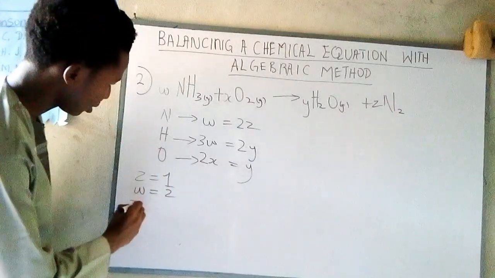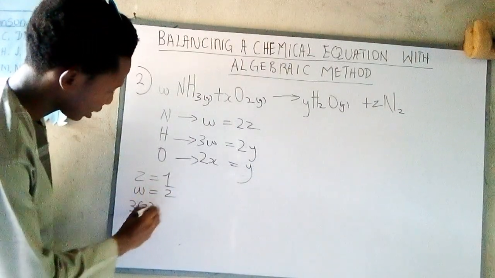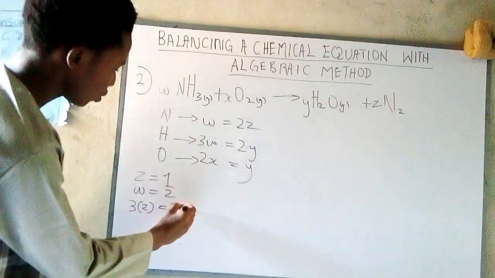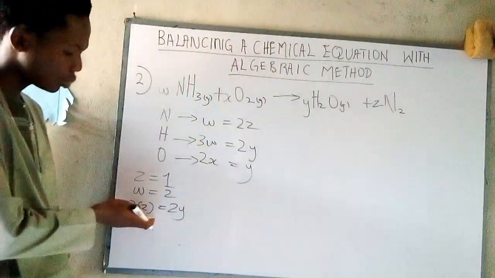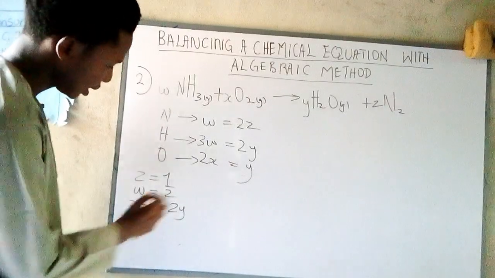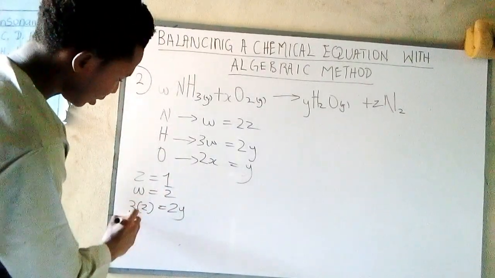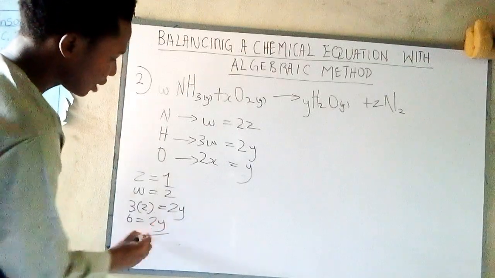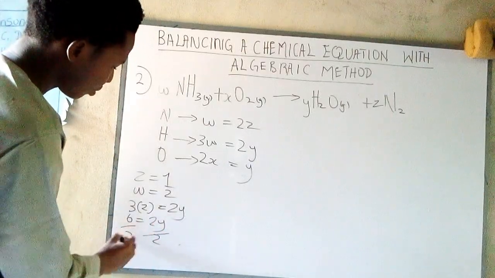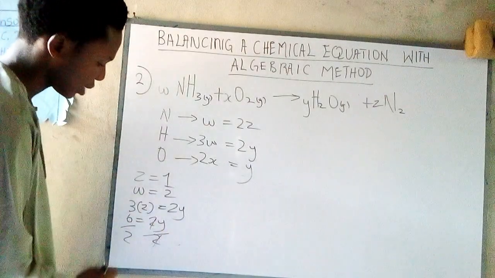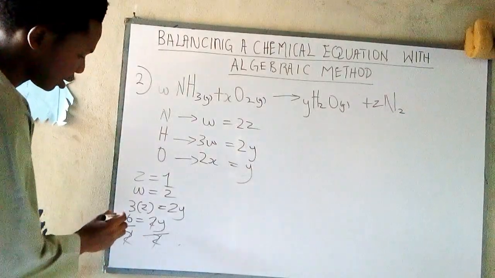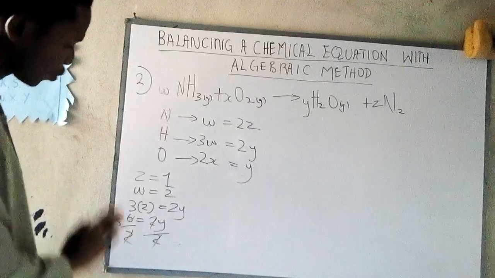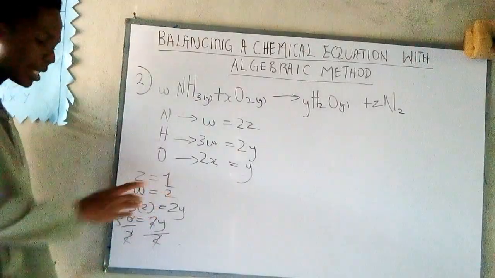So 6 is equal to 2y. Divide both sides by 2. We cancel here, cancel here, to give us 3. So now what we've got is that y is equal to 3.